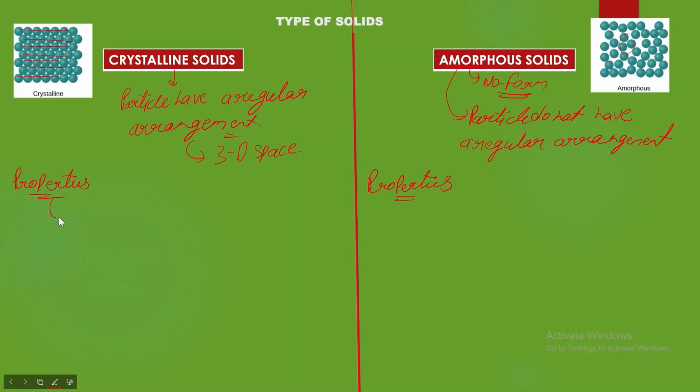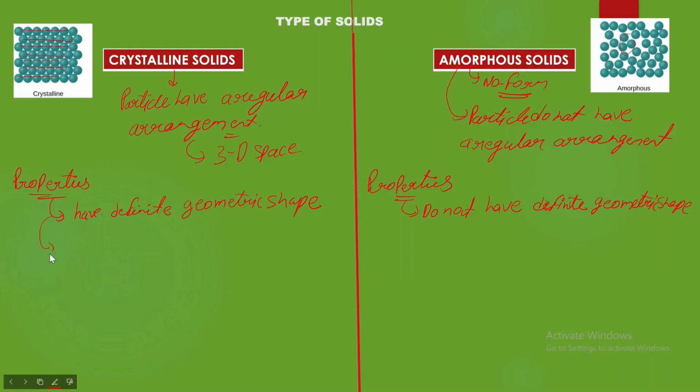Crystalline solids have a definite geometric shape. Amorphous solids do not have a definite geometric shape.